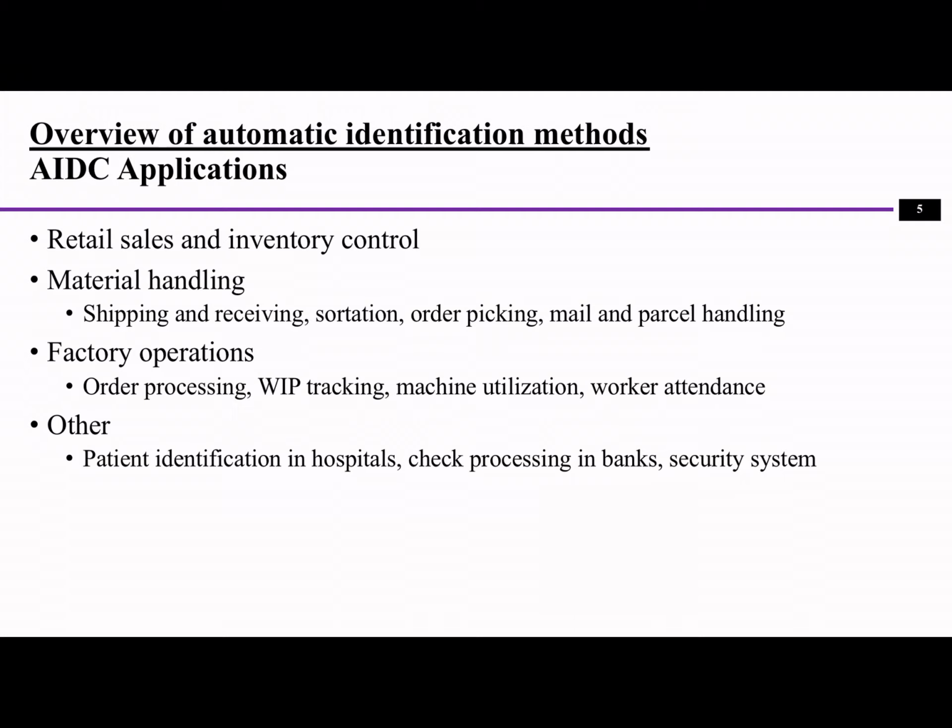It's the same in production. With different batches of either parts or products, you have to identify what kind of parts they are, whether we have enough parts, and what the current inventory is. And it all can be collected by AIDC technologies.